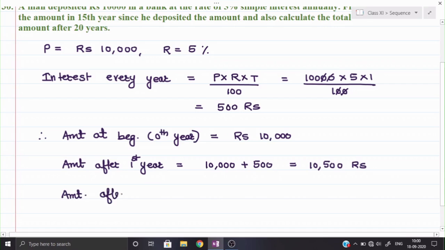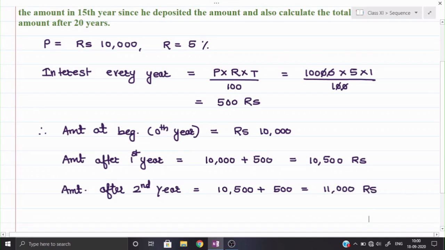Right? And similarly, amount after second year means you will get 500 rupees interest additionally. So 10,500, and again we shall add 500 rupees. So that will be 11,000 rupees. Right? So from here, let us generate the sequence.